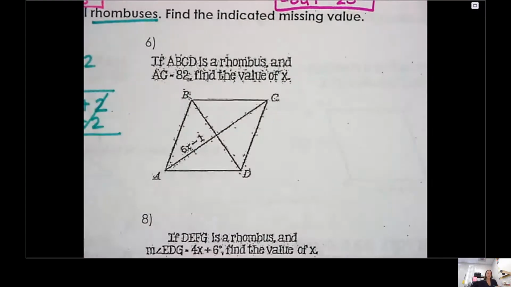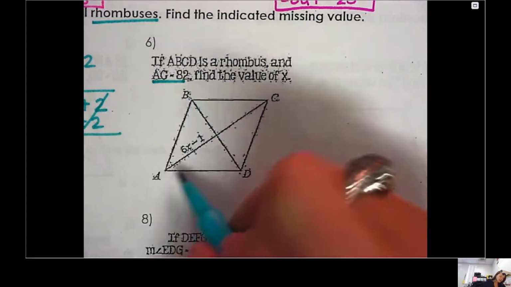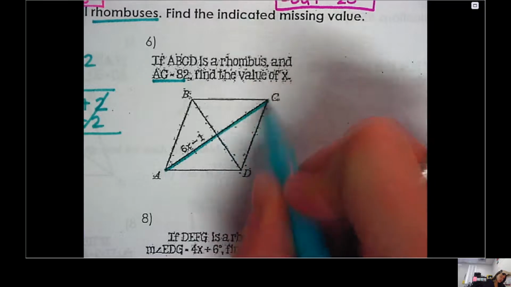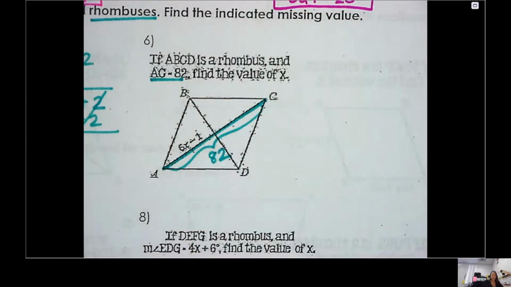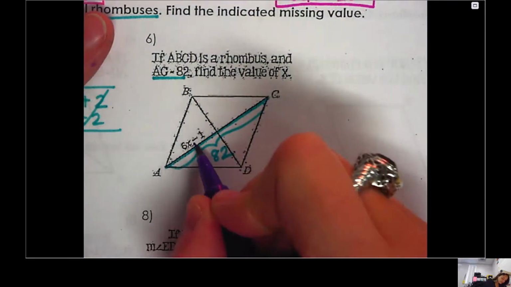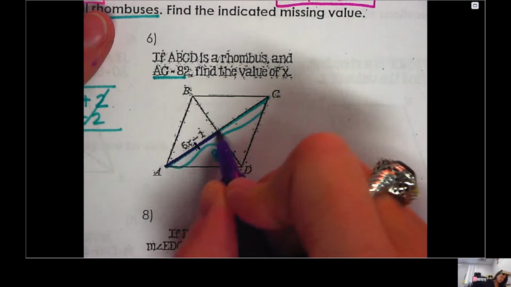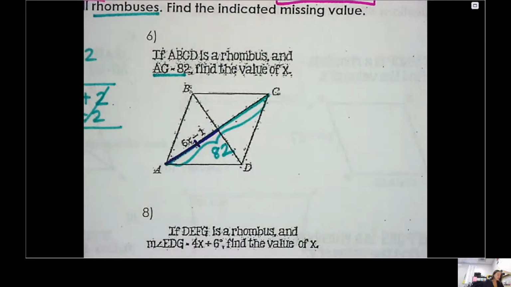All right, number 6. If ABCD is a rhombus and AC equals 82, find the value of x. So I know from A to C, this whole thing is 82. I also know that this small piece right here from A to the center is 6x minus 1.